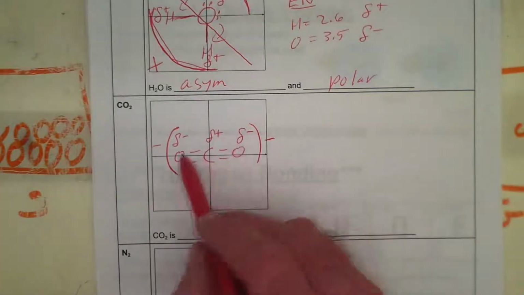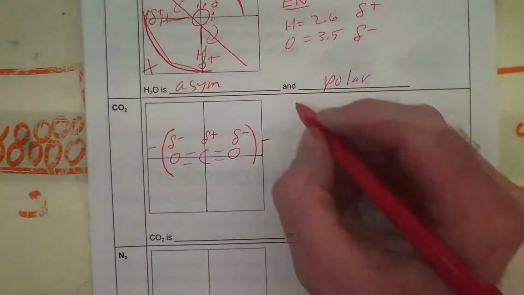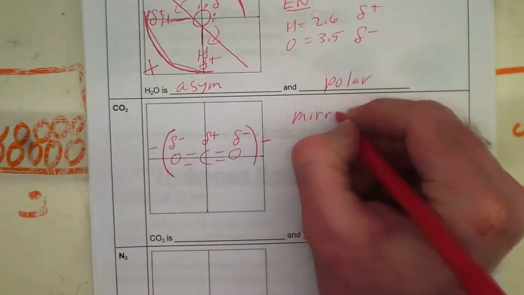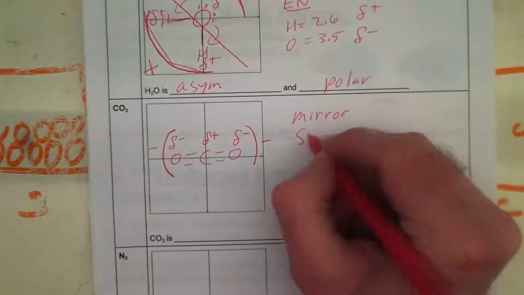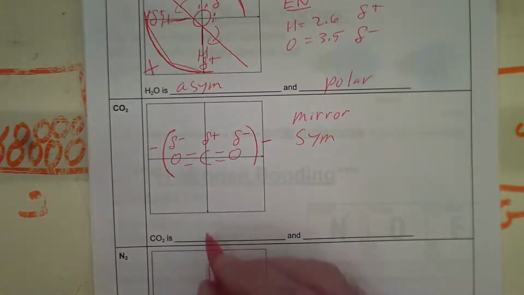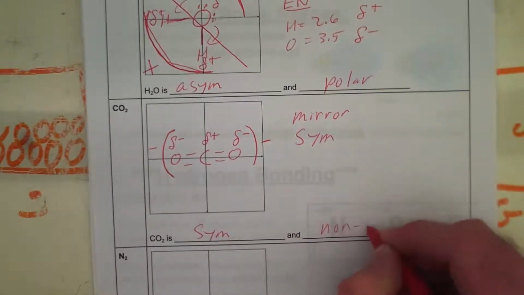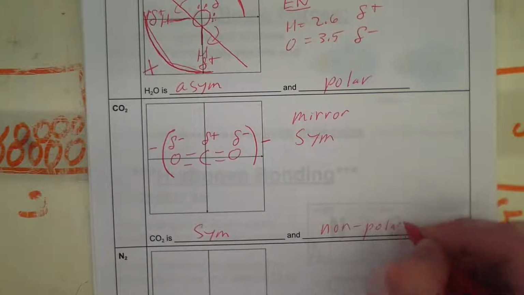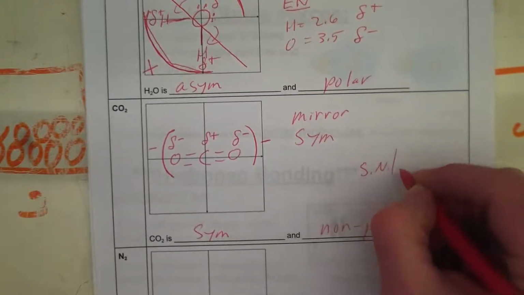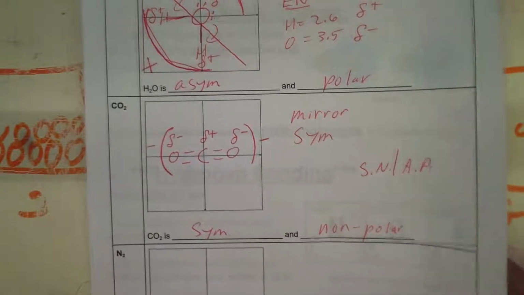This is like a mirror. You could take this molecule and fold it in on itself. Its charge is like a mirror, so it's symmetrical. So if carbon dioxide is symmetrical, that means it's nonpolar. We talked about VSEPR and bonding, so whether a molecule is polar or not has to do with the shape and not just the bonds.